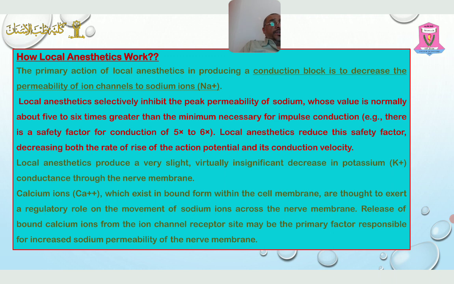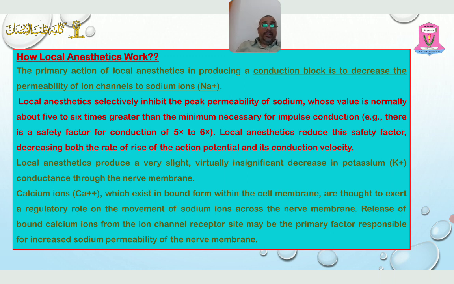Local anesthetics reduce this safety factor, decreasing both the rate of the rise of the action potential and its conduction velocity. Local anesthetics produce a very slight, virtually insignificant decrease in potassium conductance through the nerve membrane.